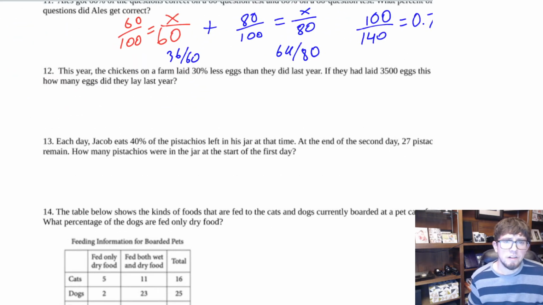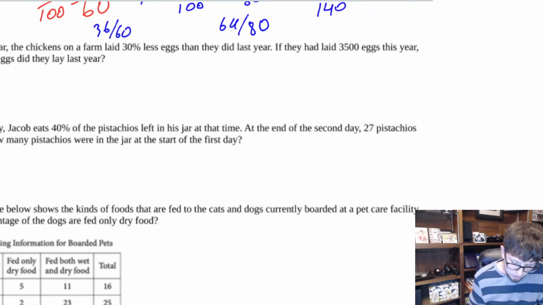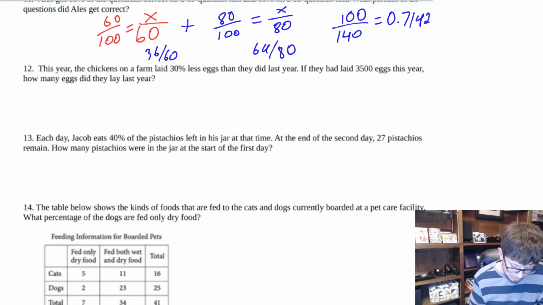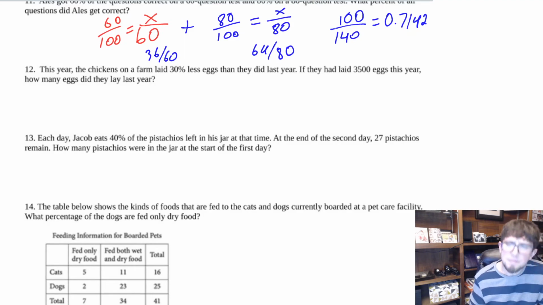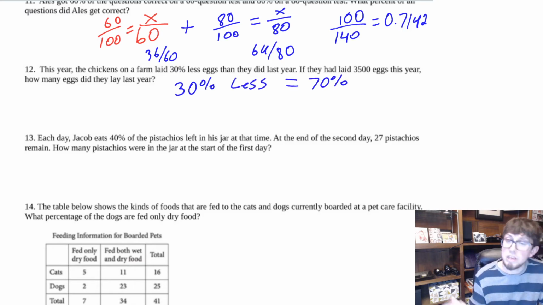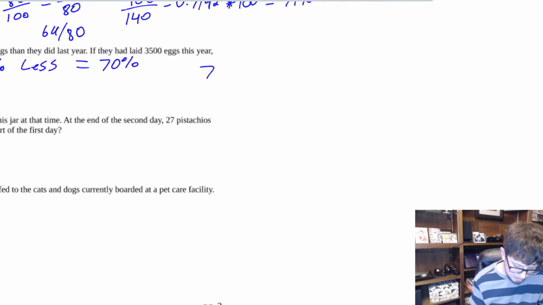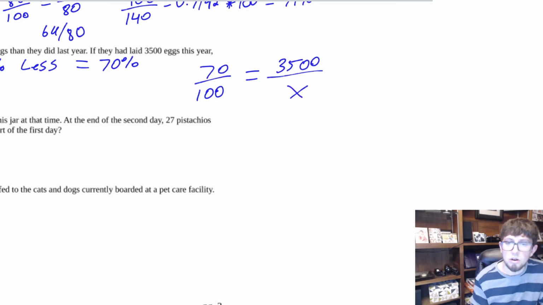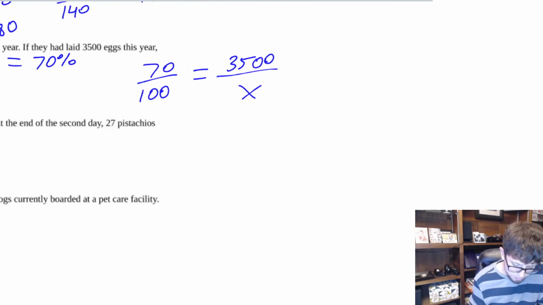This year, the chickens on a farm laid 30% fewer eggs than they did last year. If they had laid 3,500 eggs this year, how many eggs did they lay last year? So 30% less is equal to 70% of the old total. So I'm going to say 70 out of 100 is equal to 3,500 out of their old total, and I can cross multiply.